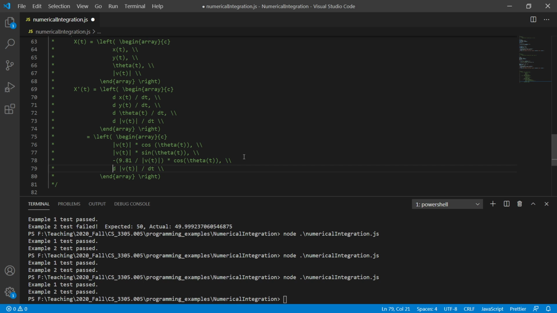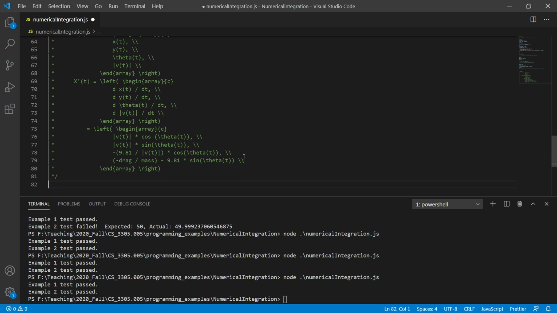And then our speed is going to account for the drag of the object, and we'll give that definition in a little bit, divided by the mass minus the gravitational acceleration times the sine of our angle. Okay, so I mean, does it get any easier?